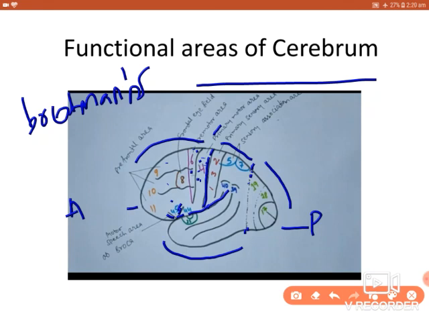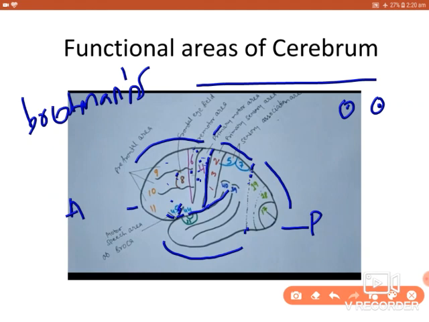Then you can see there is area number 8 on the posterior part of the middle frontal gyrus that forms the frontal eye field, which is responsible for conjugate movements of the eye. Activation of that produces conjugate movements of the eye. You can see here the eyeball, with the pupil in the center.